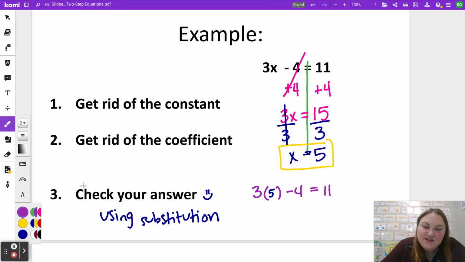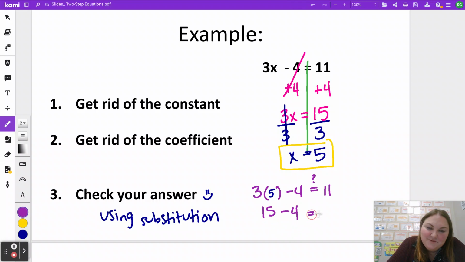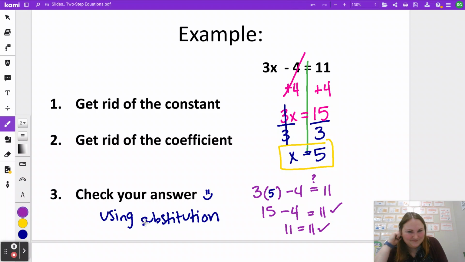And then the way we check our answer is we check to make sure that left side equals 11. When you do that math, 3 times 5 gives me 15, and 15 minus 4 does give us 11. Sometimes you'll see people stop here, or sometimes you see people actually say 15 minus 4 is 11, and we've got they're equal to each other.